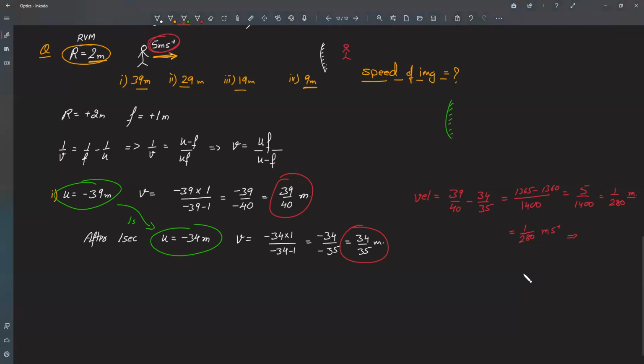This is the convex mirror, and we know that, suppose the object is at some point over here, which is beyond focus.